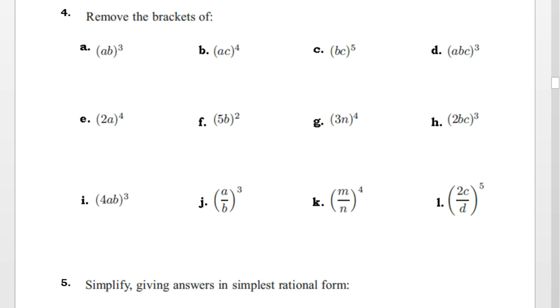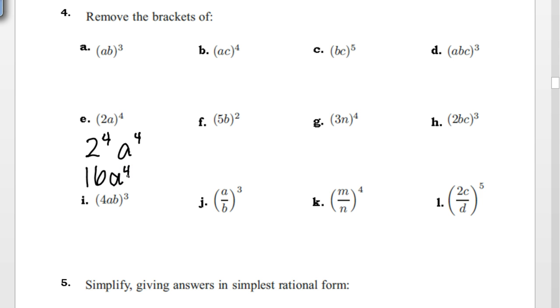How about letter E? I'm going to distribute the 4. So the 4 goes on the 2, and the 4 goes on the A. I'm going to take this a step farther. If the instructions aren't really clear, I'll leave it up to you if you want to go farther or leave it here. But I'm going to definitely go 2 to the power of 4 and do 2 times 2 times 2 times 2 and get my coefficient, and then I'll leave A to the 4th.